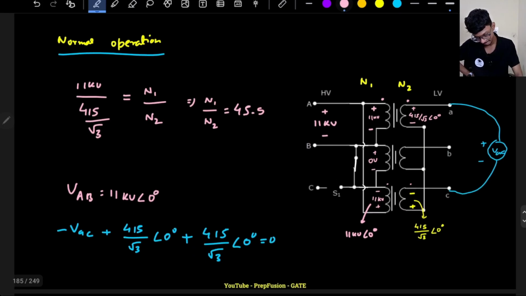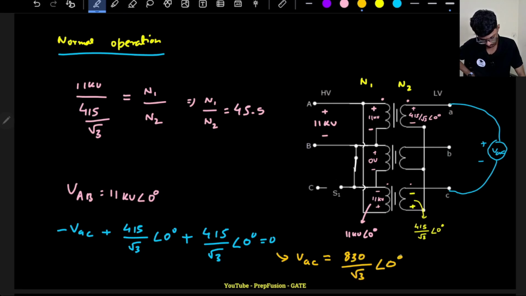So from here, VAC is equal to 830 divided by root 3 angle 0. What will be the magnitude? 830 divided by root 3, I have to calculate.